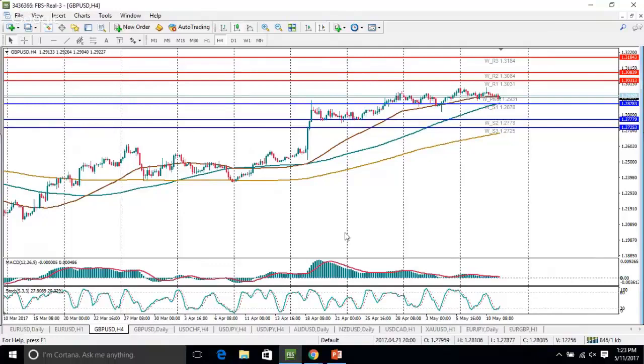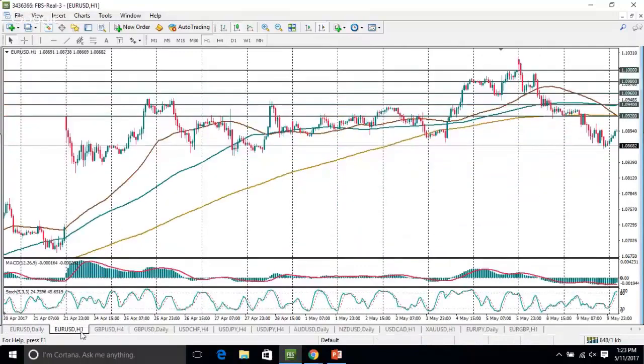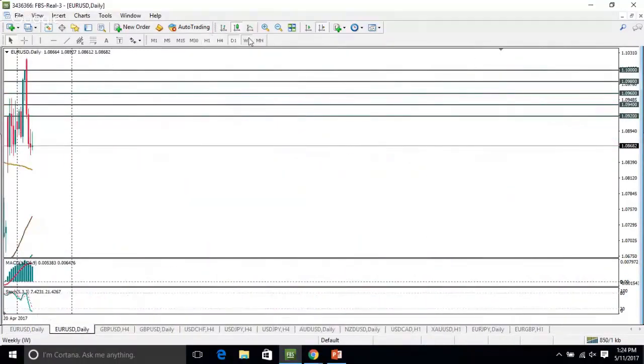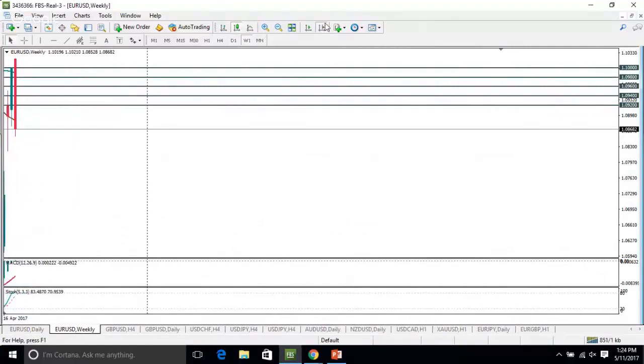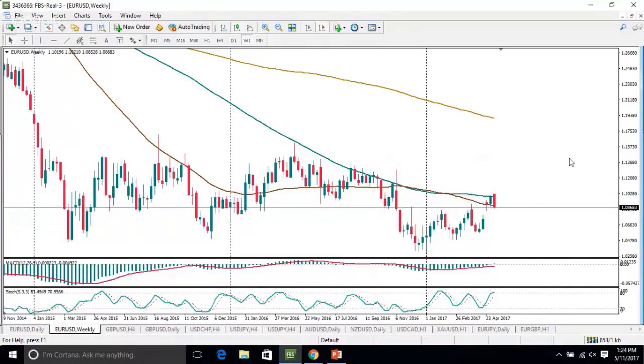And now let's check other currency pairs, because here the price action is also rather interesting. Let's have a look at euro dollar, and let's have a look at the weekly chart of this currency. Here we have an interesting picture.